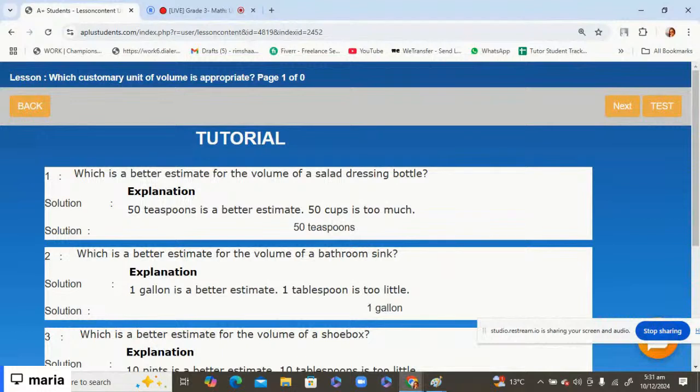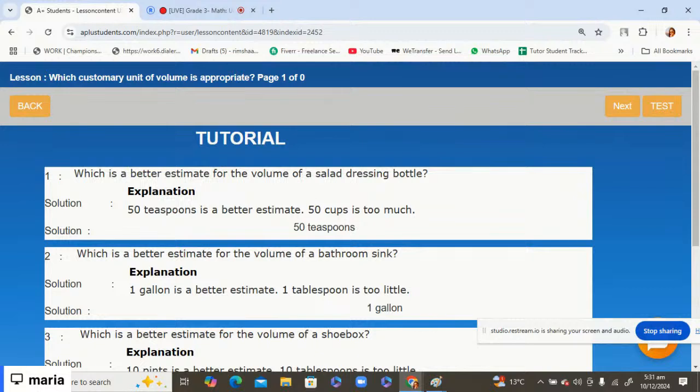We are going to measure liquid things using these units. These are the names of units, just like meters, centimeters, kilometers. This is also the names of measuring the volume. So what is a better estimate for the volume of a salad dressing bottle?